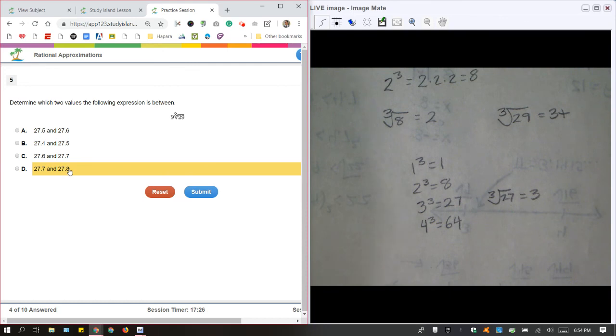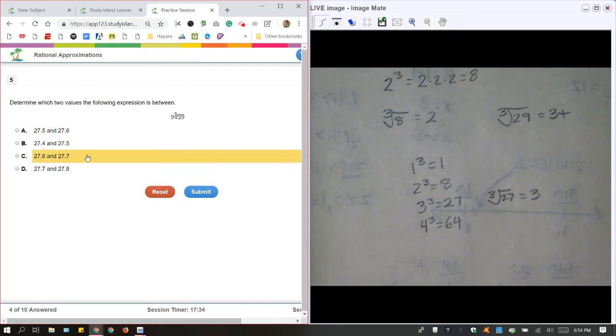So all we have to do to figure this out is plug those in, multiply them, and see what we get. To do these, I'm going to just plug in the cube root of 29 and do times 9. It's the quickest way to get all of these figured out. How do you find that?